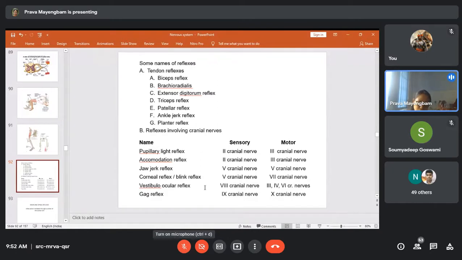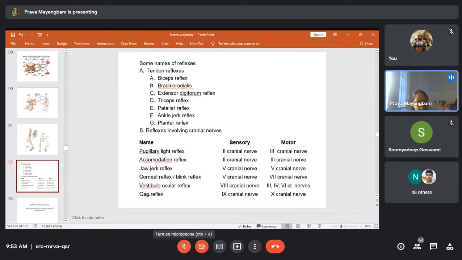You fix your eye on an object and you keep on turning your head with the movement of your neck. That is due to the vestibulo-ocular reflex. You maintain equilibrium by your vestibule, and that is adjusted with your eye. That is the vestibulo-ocular reflex.